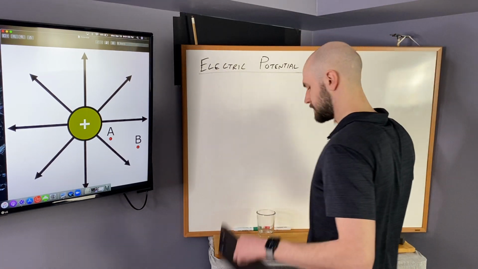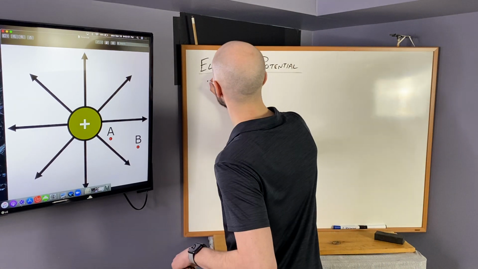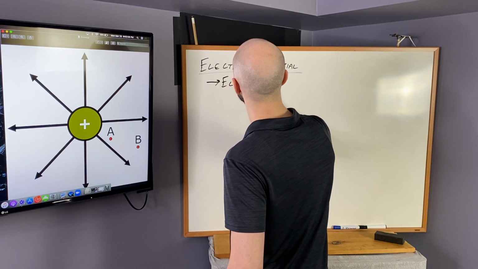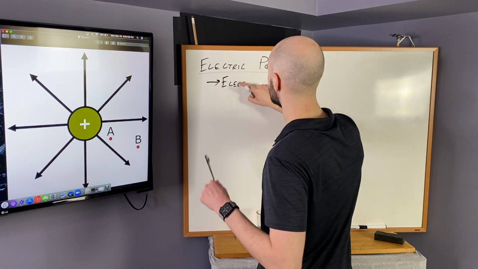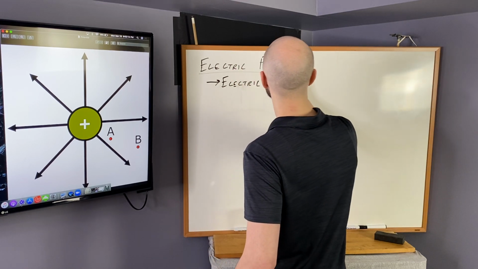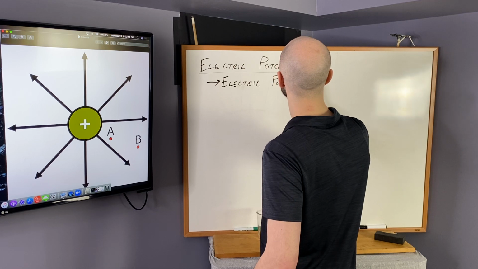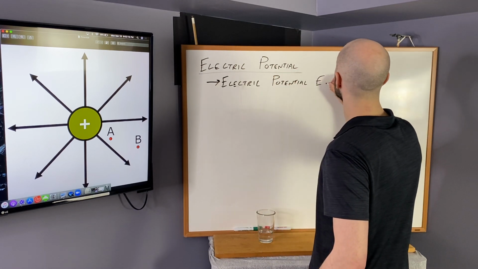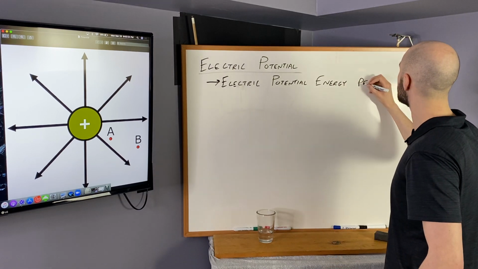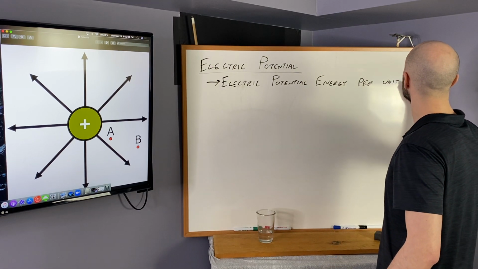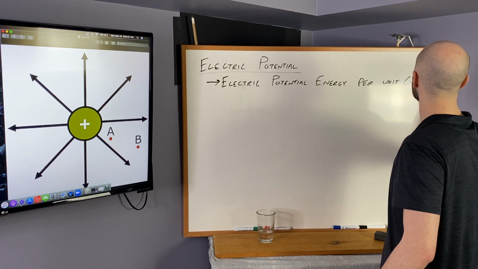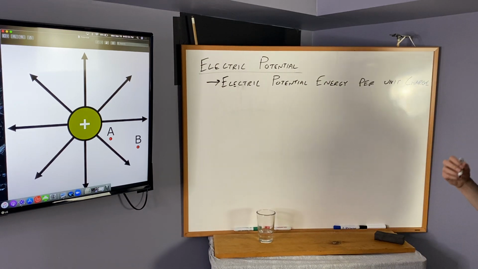Electric potential is electric, can't spell, E-L-E-C-T-R-I-C, potential energy per unit charge. What does that mean? Okay, get out of the way so you can see.